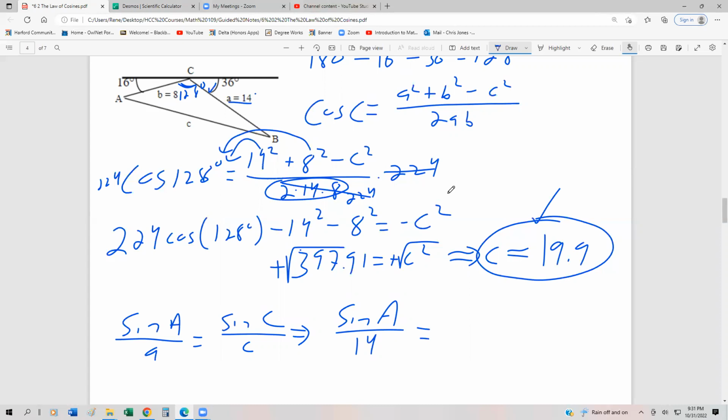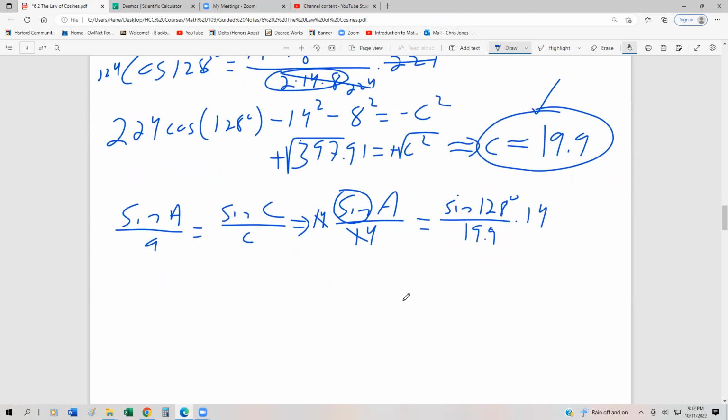That's going to be equal to sine of the angle that we got, 128, divided by 19.9. Now we're going to multiply both sides by 14, and then we can take the inverse sine to be able to solve for A.